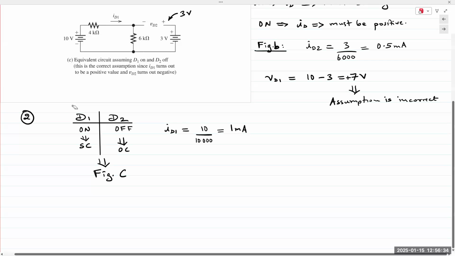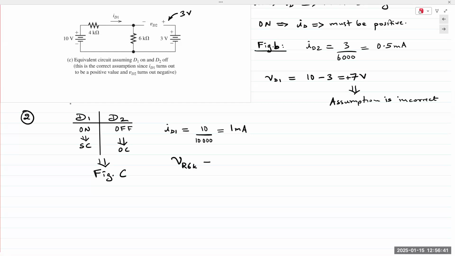We can apply voltage division and determine the voltage across the 6 kilo ohm resistor. So VR6K is simply a fraction of 10 volts. The fraction is given by 6 over REQ, which is 10,000, so 6 volts. And so the cathode is at 6 volts, the anode is at 3 volts.